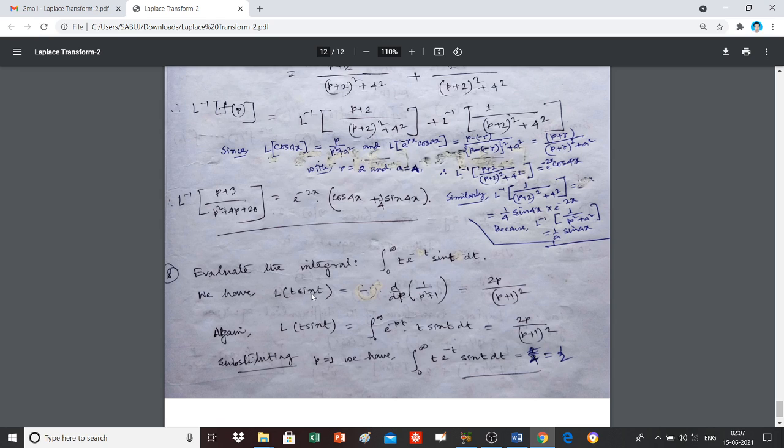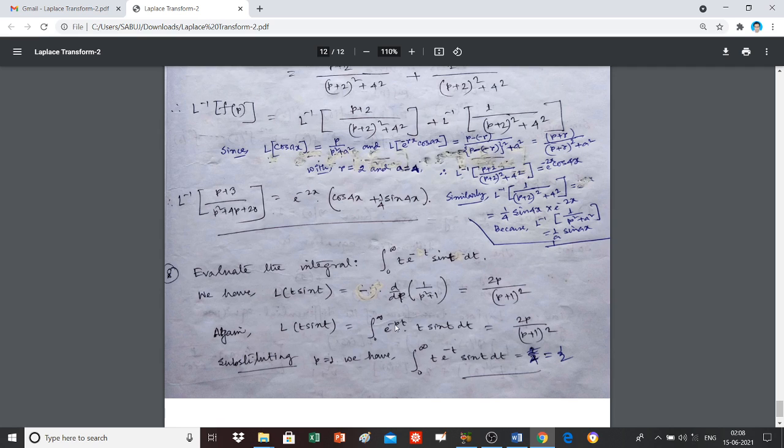We have to find the Laplace transform of sin t, and following that relation, you can write L of t sin t is equal to (-1)^n d/dp of the Laplace transform of sin t, that is 1 / (p² + 1). From here you obtain 2p / (p² + 1)². Furthermore, by the definition, the Laplace transform of a function f(x) is the integral from 0 to infinity of e^(-pt) f(x) dx. So here the function is t sin t, and the Laplace transform of t sin t is the integral from 0 to infinity of e^(-pt) t sin t dt.